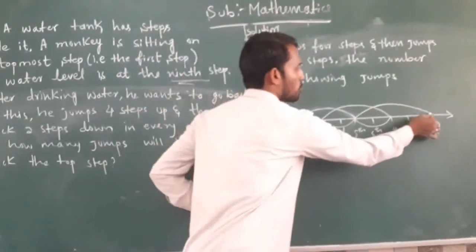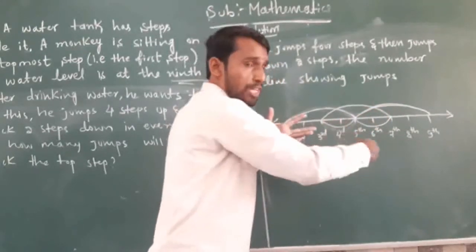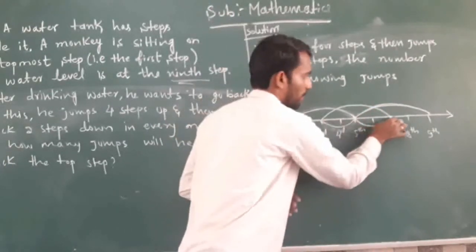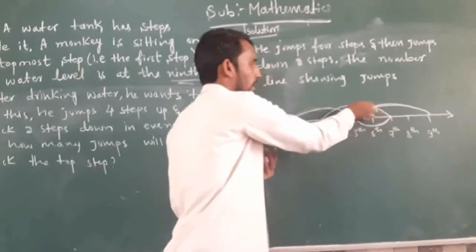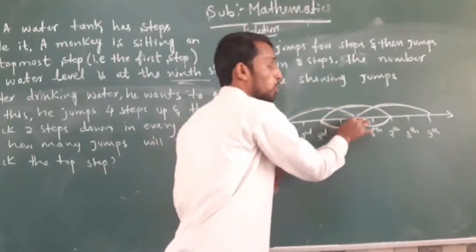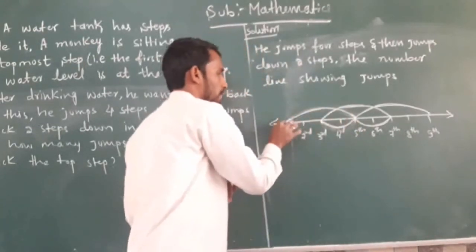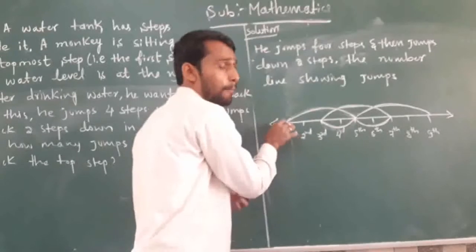See, first one jump. Next jumping downside 2 step. Okay, again jumping upside 4 step. Again jumping 2 step downside. Again jumping back 4 step to reach the topmost level.